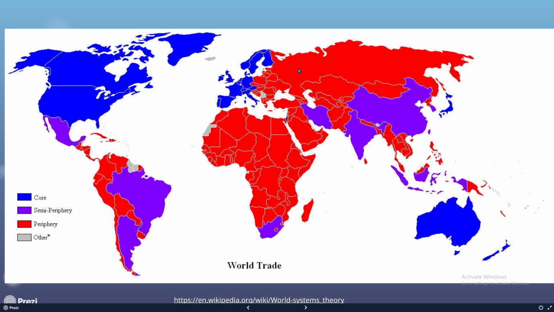Why is that? Because they do have some cities like St. Petersburg and Moscow that are definitely characteristics of core. They have higher levels of development. They have manufacturing. People's wealth and health are quite good, but then they have so much rural area that is very, very impoverished. So they should be counted as semi-periphery.